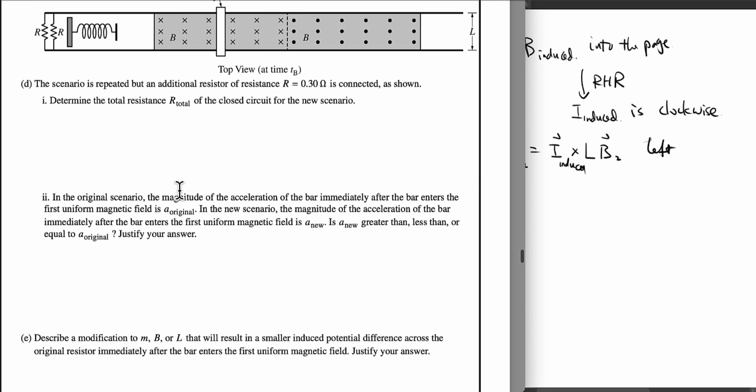Now in the original scenario, the magnitude of the acceleration of the bar immediately after the bar enters the first uniform magnetic field is A original. In a new scenario, it is A new. So is A new greater than, less than, or equal to A original?